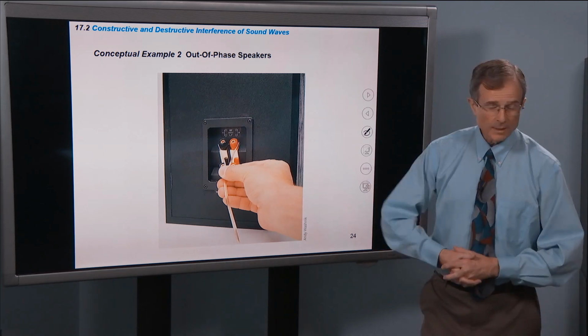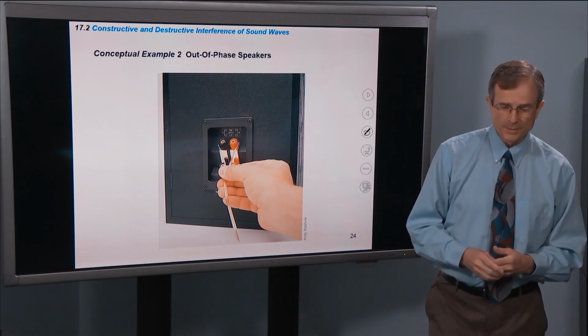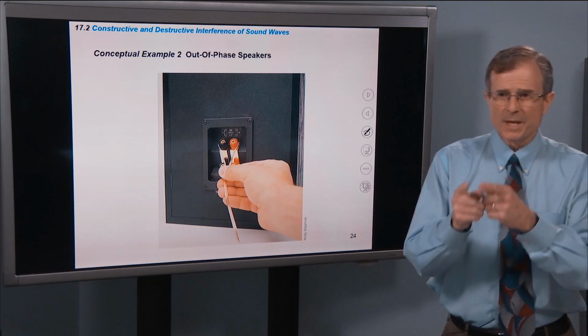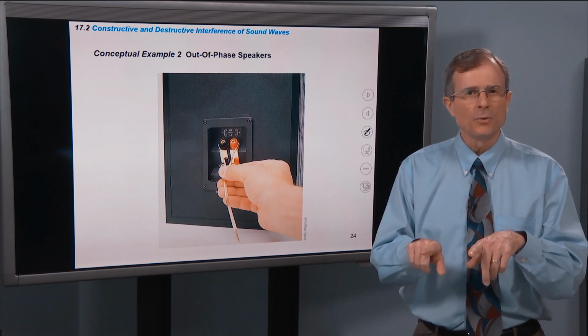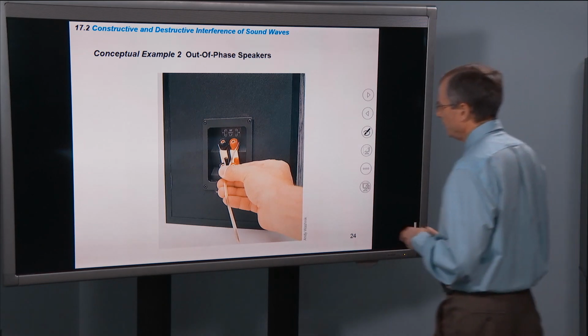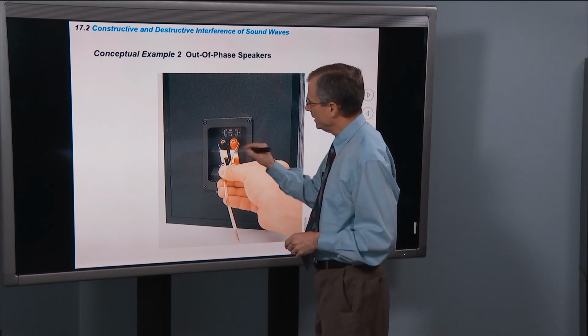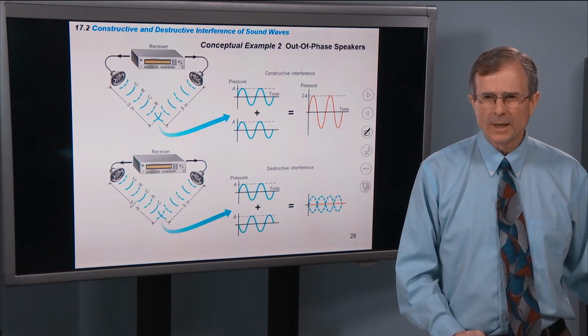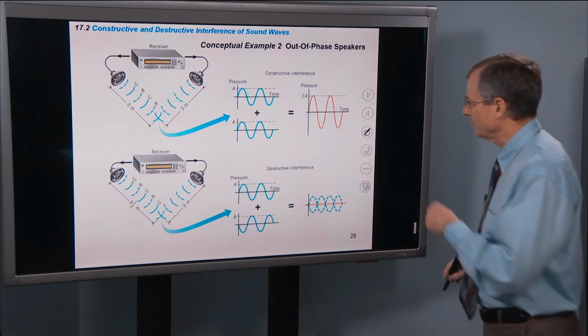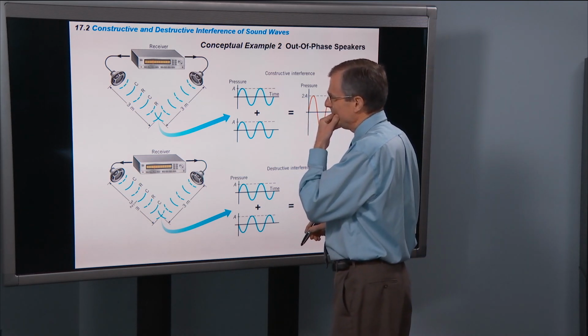A lot of you have connected up speaker systems, home theater systems. When you attach your speaker wires, you need to make sure that the positive is going to the red and the negative is going to the black. If you do not, you can have problems that result. And here's what can happen.